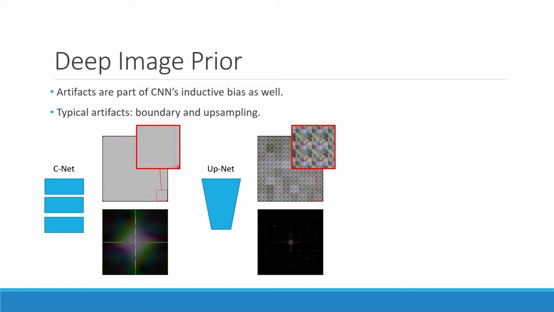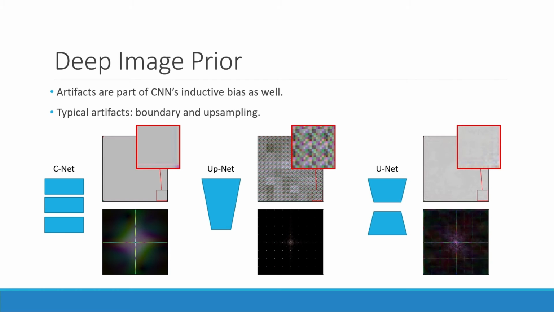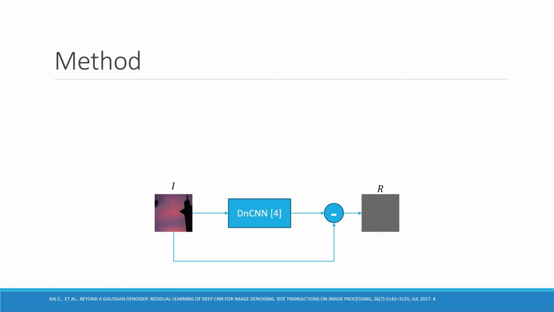UpNet is a model that is built from one-by-one convolutions and deconvolutional layers. Here you may see a different artifact, which is an upsampling artifact. Finally, the UNet model generates a mix of these two types of artifacts, and the UNet model is basically used in modern image generators.